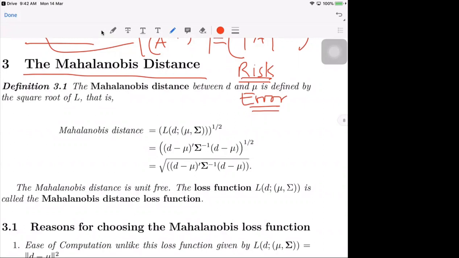Here, the estimator is denoted by D and the parameter is denoted by U. When we say error, we are looking at how different your estimator is from your parameter.